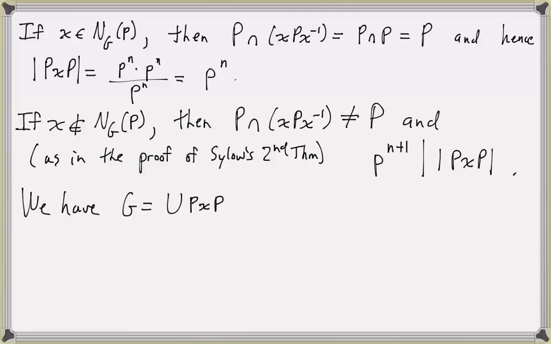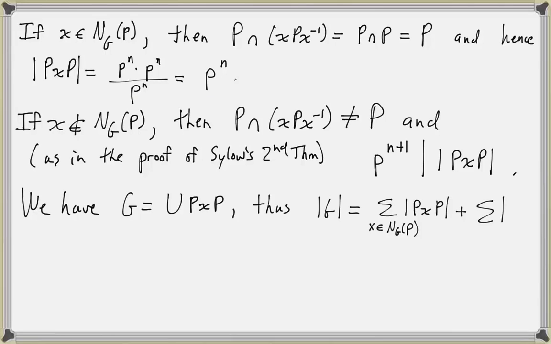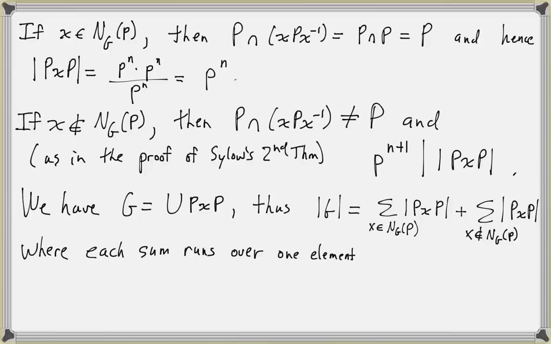Now if we break this down by whether or not x is in the normalizer of P, then we can conclude that the order of G equals the sum of the orders of the double cosets PxP where x is in the normalizer of P, plus the sum of the orders of the double cosets where x is not in the normalizer of P, where each sum runs over one element from each double coset.